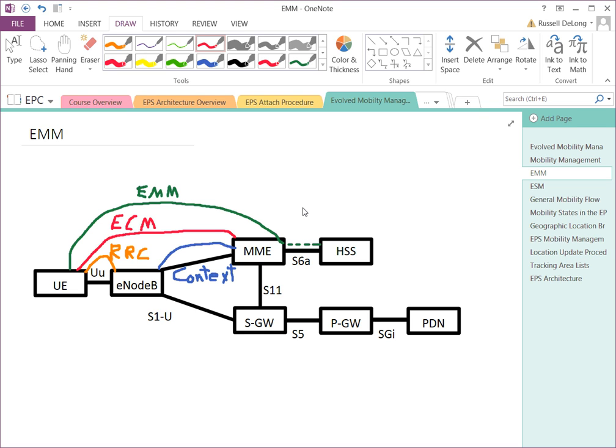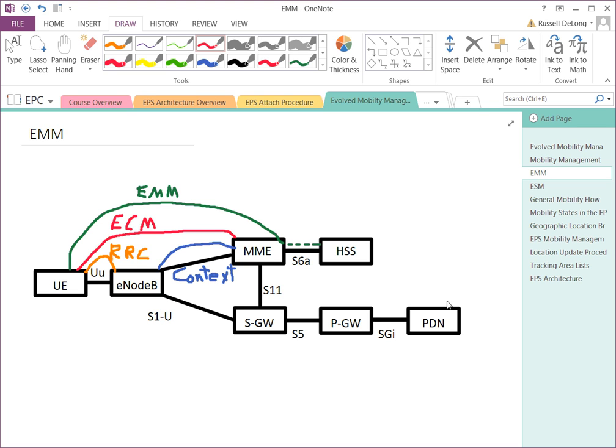All NAS messages can be broken down into EMM-related messages, those concerned with these connections, and ESM messages, Evolved Session Management, those messages which concern themselves with the connection between the UE and external IP networks. So establishing another EPS bearer would be done over ESM exchanges.